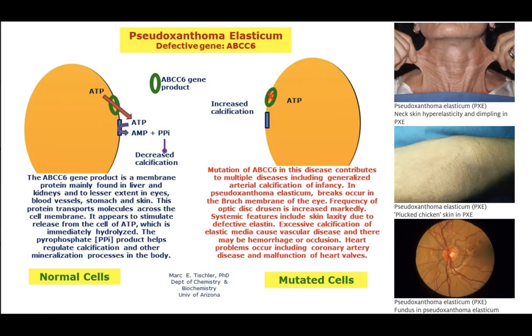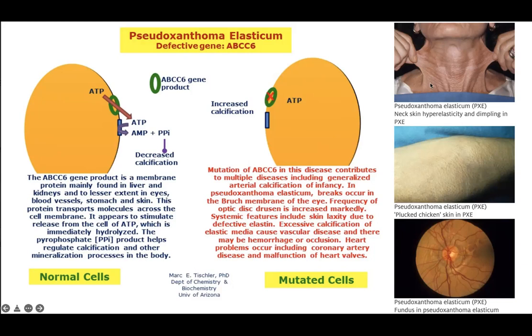Frequency of optic disc drusen is increased markedly. Systemic features include skin laxity due to defective elastin, excessive calcification in elastic media causing vascular disease, and there may be hemorrhage or occlusion resulting. Heart problems occur, including coronary artery disease and malfunction of heart valves.